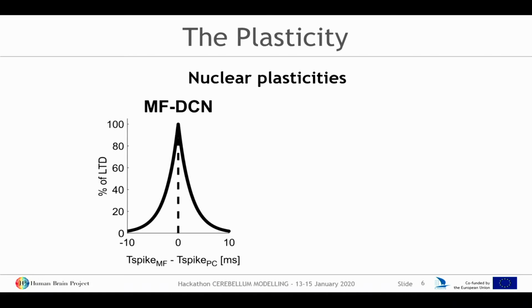Going through to the nuclear plasticities, the mossy fiber DCN, in this case, we also have heterosynaptic plasticity because we have mossy fibers, DCN, and the third population, a modulator, which are the Purkinje cells.